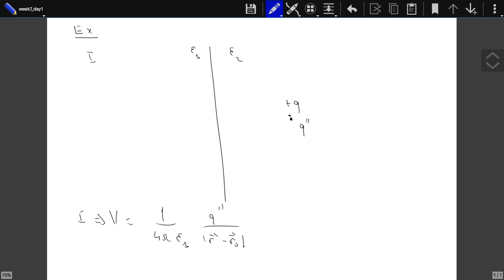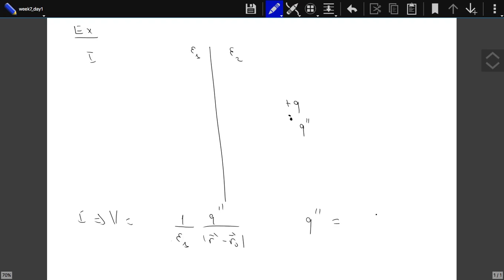So in region 1, the potential was basically 1 over 4 pi epsilon 1, Q double prime divided by the magnitude of R minus R double prime, R0. This was the potential.